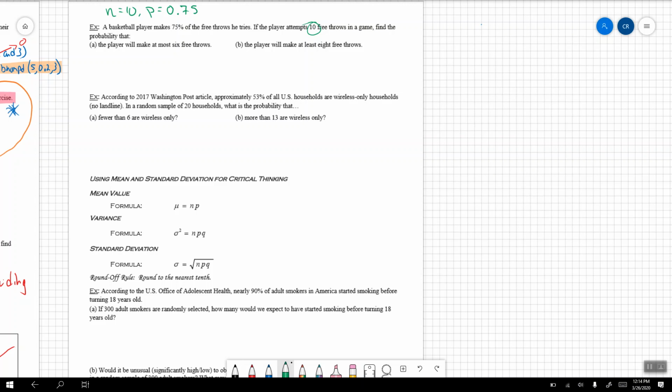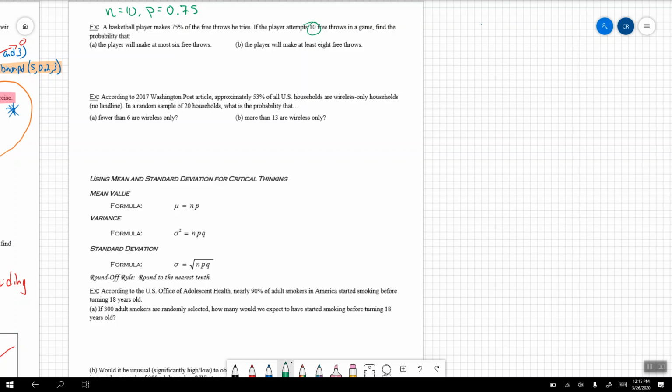Trials are independent. Does him making one affect him making another? No, none whatsoever. All right, which means, again, the success rate is going to remain constant. Are the trials categorized into 2 outcomes? Yes. He either makes a free throw or he doesn't.